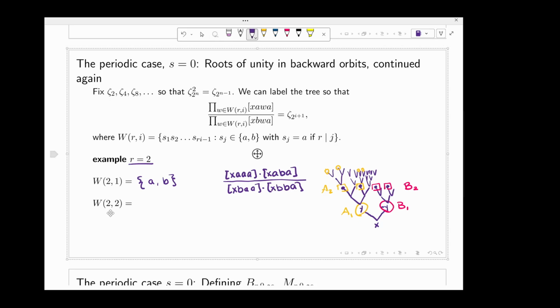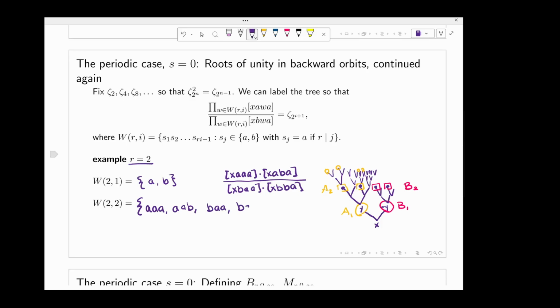Then if I move to W_{2,2}, I'm now taking words of length 3, and I want to have an A if 2 divides my index. So my second letter should be an A in this case. So this should be 4 different words: AAA, AAB, BAA, and BAB are the 4 words that would satisfy that condition.